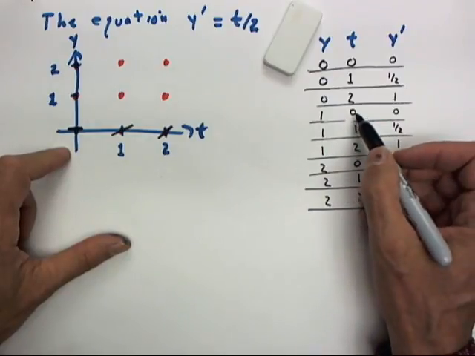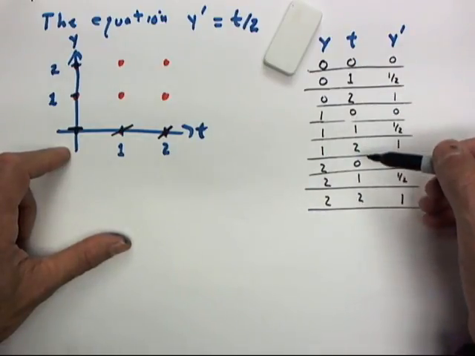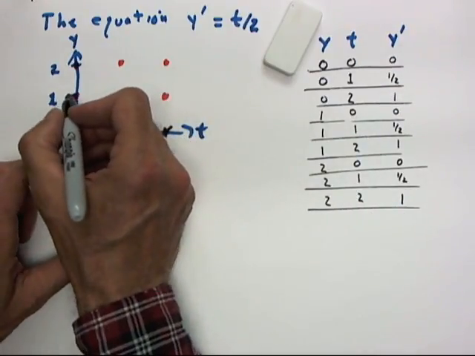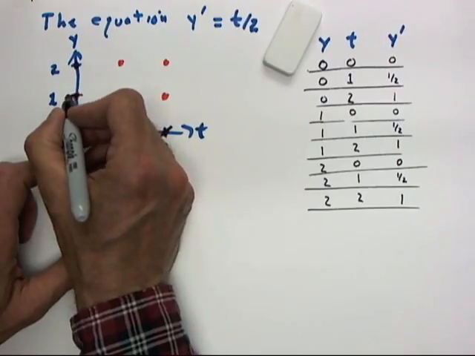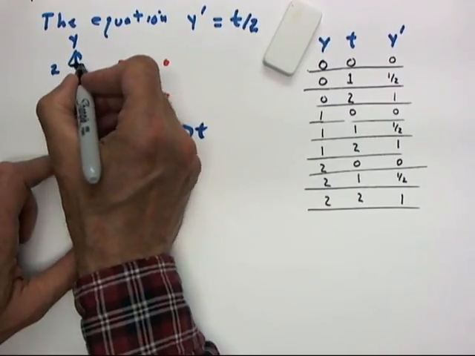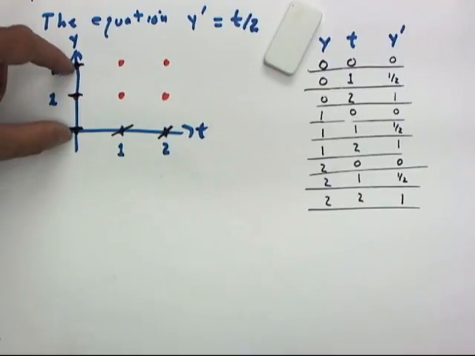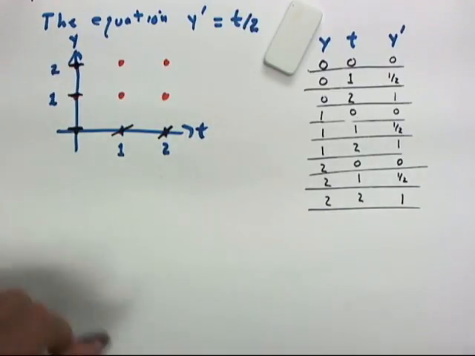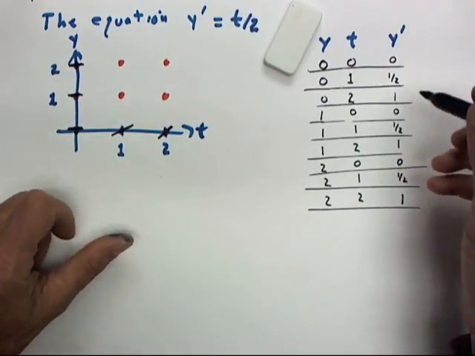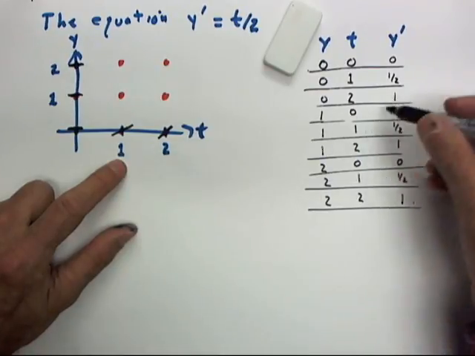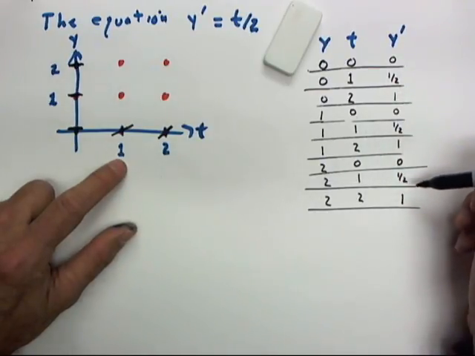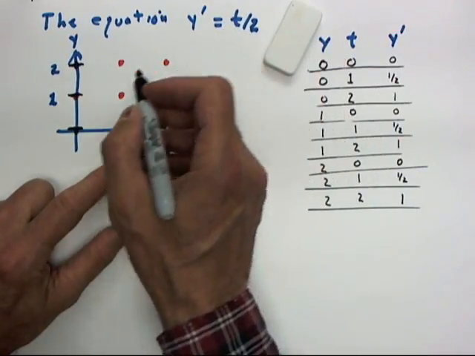And we can see that anytime t is 0, so here, here, or here, through these 3 points, the points at which t equals 0, we get the horizontal slope line. Whenever t is equal to 1, we see that y prime is going to be 1/2, and that's very easy to see from the rule.